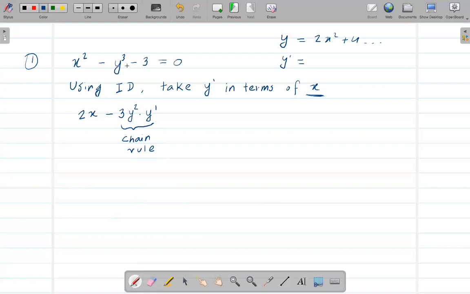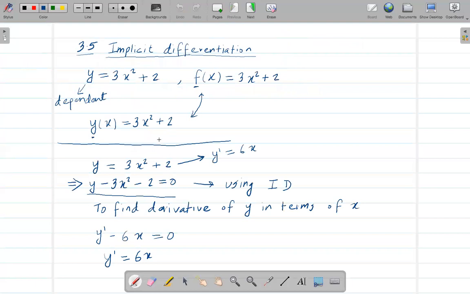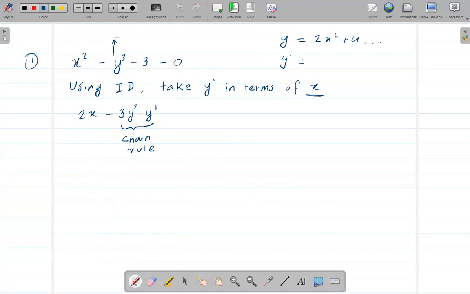So I'm taking the derivative of this whole thing: 3y squared, and then the derivative of the inside, because this y, like I said, is a dependent variable. This y is dependent on x. Then take the derivative of 3, which is just 0, so you don't have to write that.